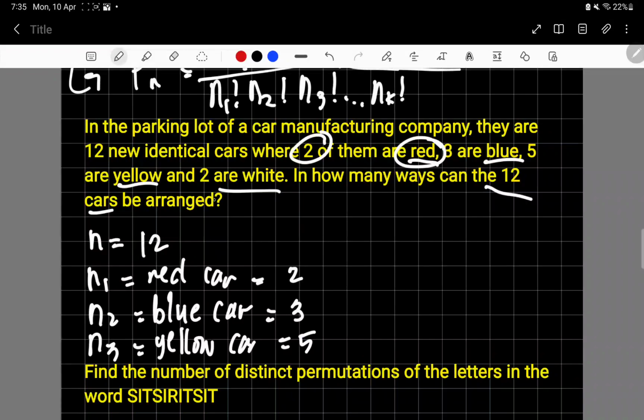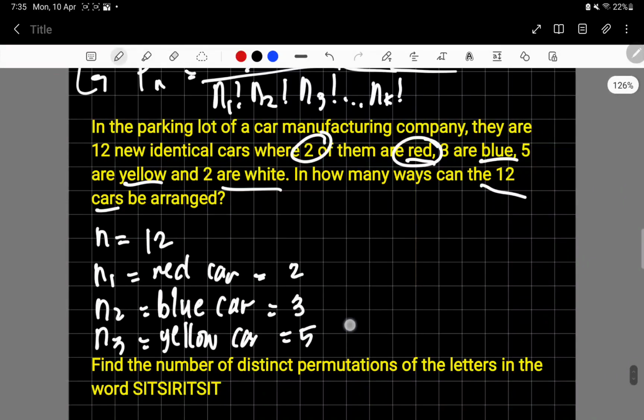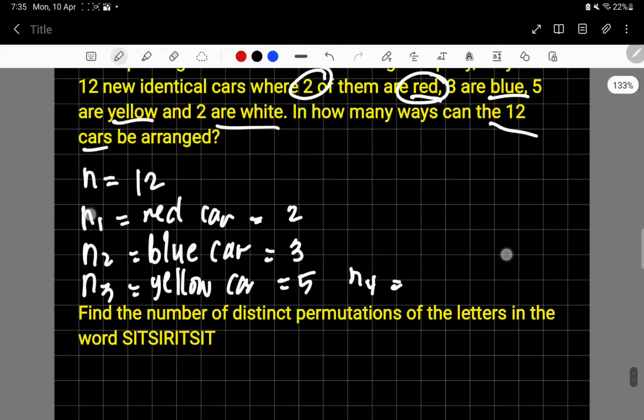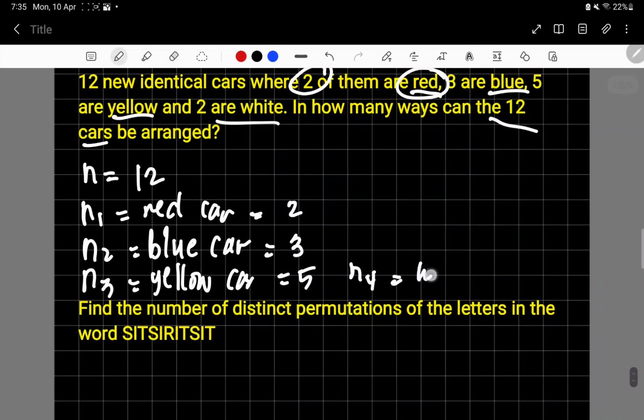And we also have 2 are white. So, meaning our n sub 4 is equal to the white car, which is equal to 2.